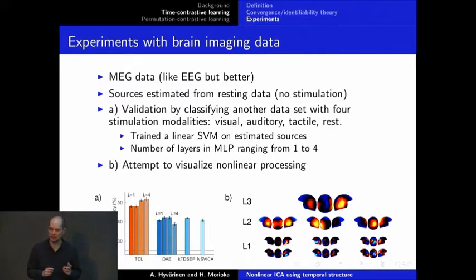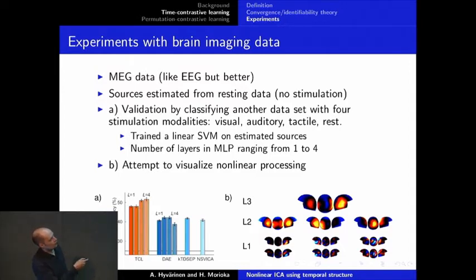Then we trained a linear SVM on the sources estimated by TCL with MLPs of various depths, and looked at the classification results. So this is validating unsupervised learning by looking at how useful it is from the viewpoint of supervised learning.